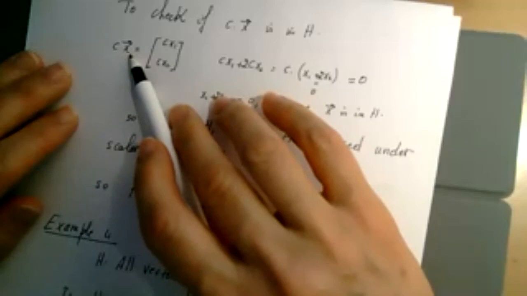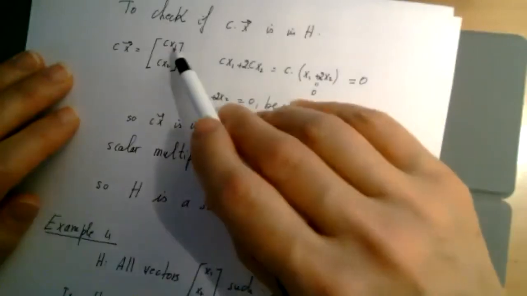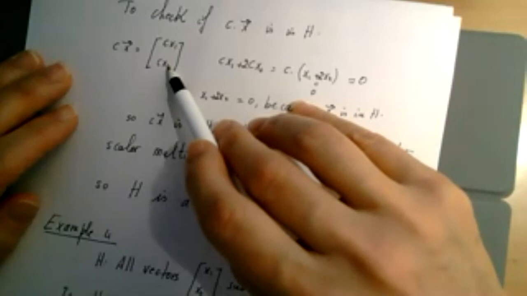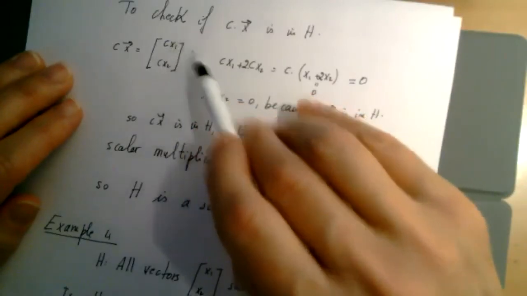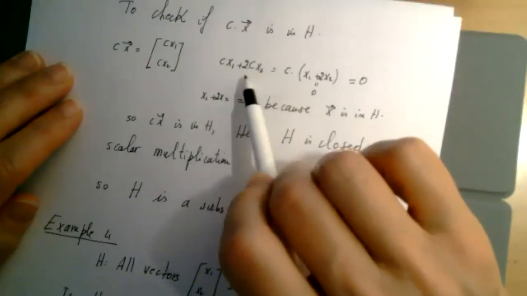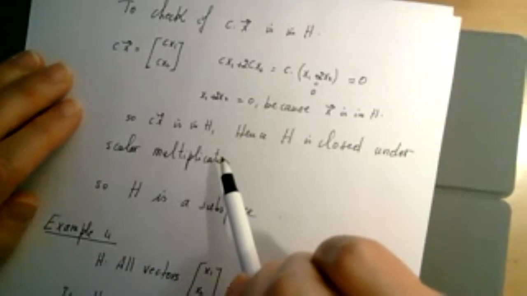So I take c times x, I'm definitely creating a new one. Will this new one be in H? It means if I take the first component plus 2 times the second, will I get 0? Knowing that x1 plus 2x2 is 0. So I did that. Then I said, you know, I can factor the c, leaving me with x1 plus 2x2.